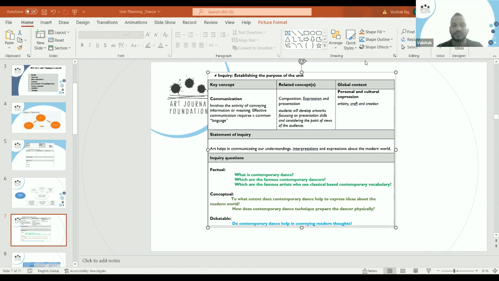Art evolves. Art changes. Or you can even say art changes the culture.